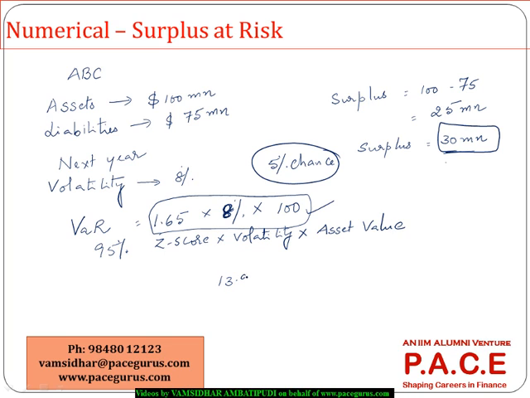There is only a 5% chance that this portfolio will lose 13.2 million or above. So I need to have a backup for this with respect to my surplus. So I am expecting that my surplus is going to be 30 million. So obviously my position is positive. Even if I lose 13.2 million, I have a proper backup for addressing the same.